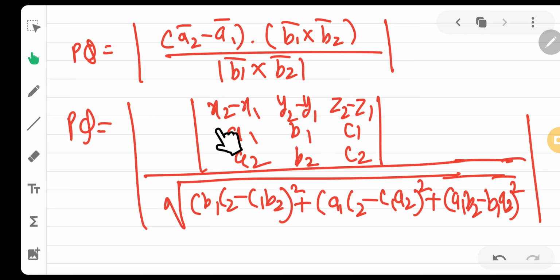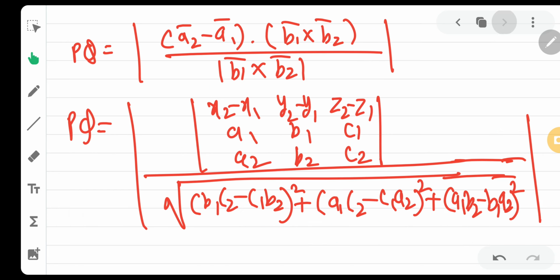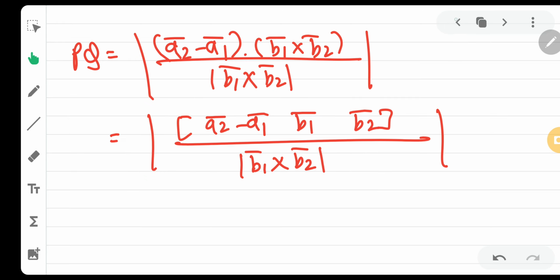Now if you calculate the determinant for these two rows, see, (b1 c2 minus c1 b2) the whole square, then (a1 c2 minus c1 a2) the whole square, then (a1 b2 minus b1 a2) the whole square, which was actually our b1 cross b2 magnitude. And that way you have calculated the Cartesian formula for the shortest distance also, and we had calculated the vector formula for the shortest distance also.